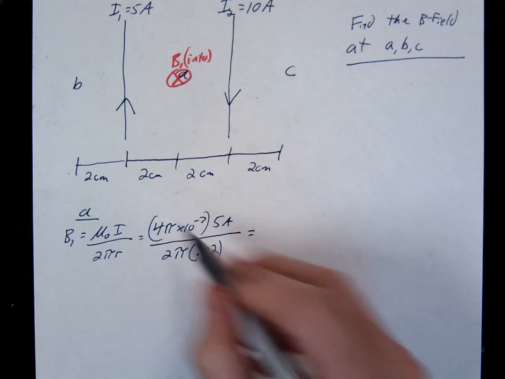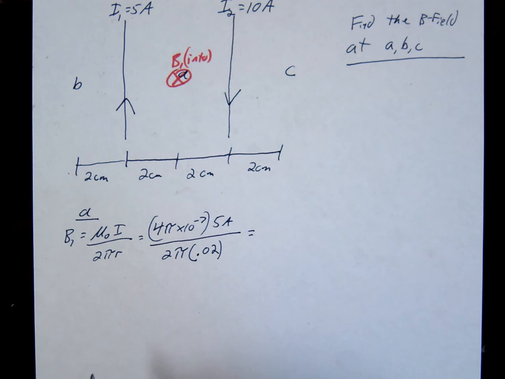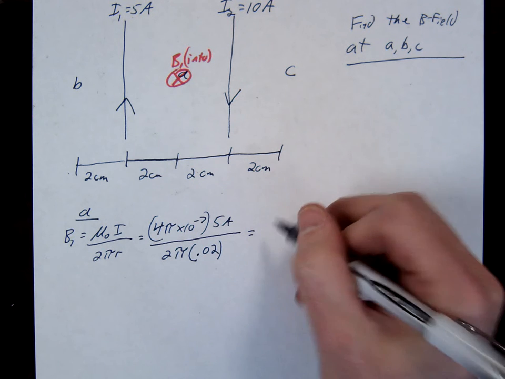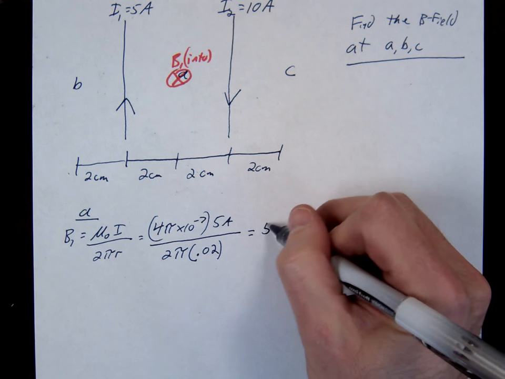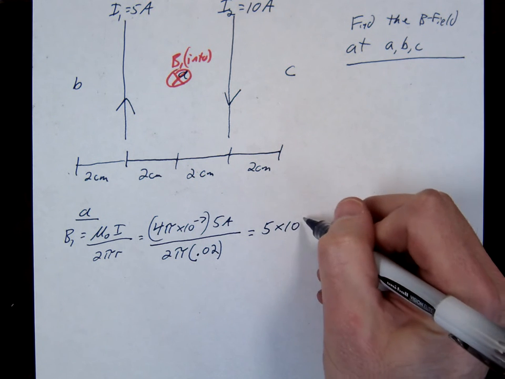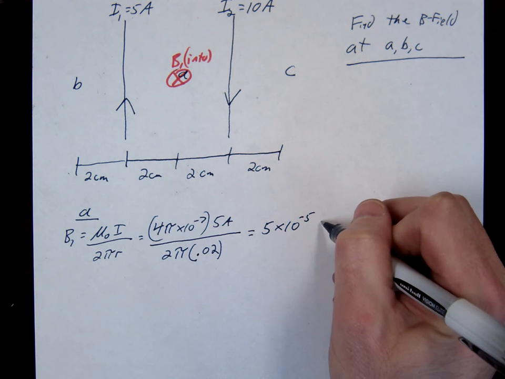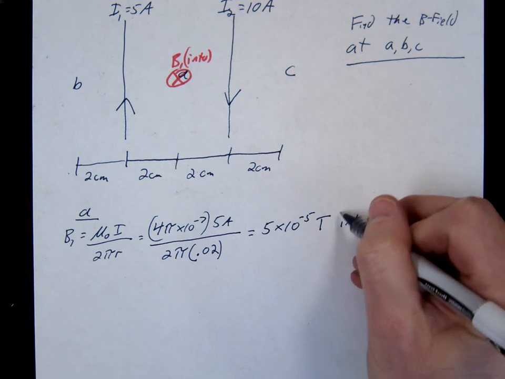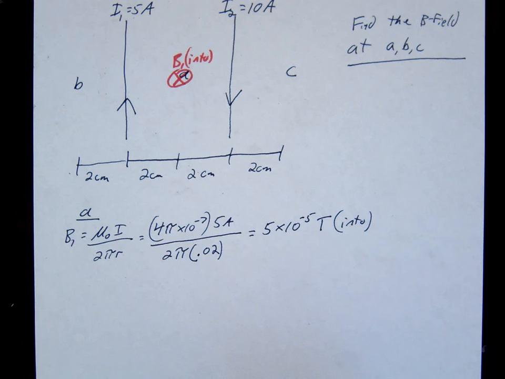Okay, do the math on that. Looks like you're getting 5 times 10 to the negative 5th Tesla, and we already determined the direction earlier. We said it was into.